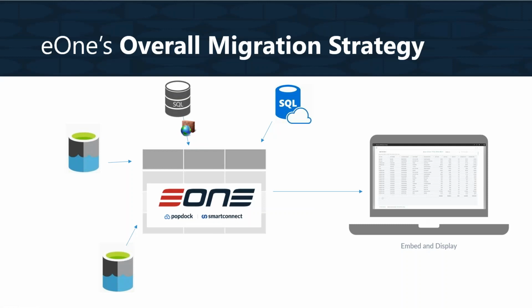Another piece, just talking about our overall migration strategy, I think it is important as we look at this because what we are focusing on here is really the historical data access. And just to be very clear, we are not focused on moving over the master records, like moving over your vendors from NAV or your customers or items, accounts, those kinds of things. We aren't focused on that part.